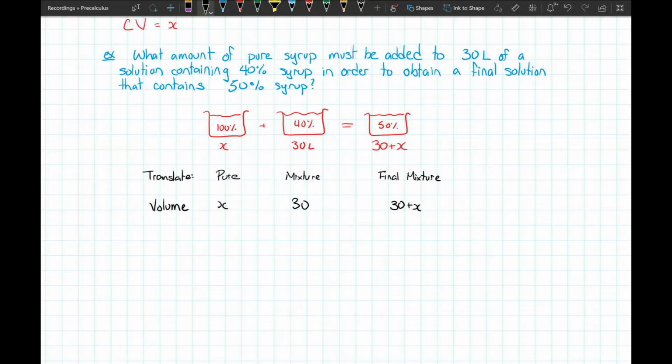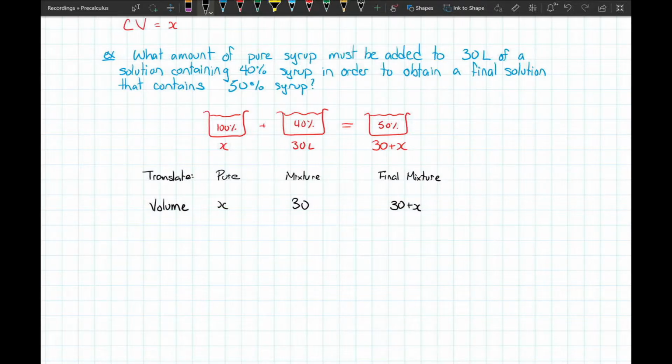Now, in the first row of our table, we might want to list our pure syrup, our given mixture, and our final mixture. On our first row, we can put the information down. Pure is X in liters, mixture is 30 in liters, and for the final mixture, we've just used an equation to know that it should add up to 30 plus X. So on that row, it does make sense to add things up.